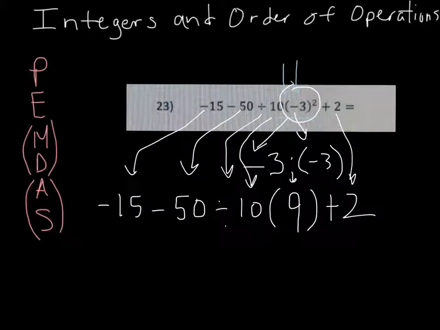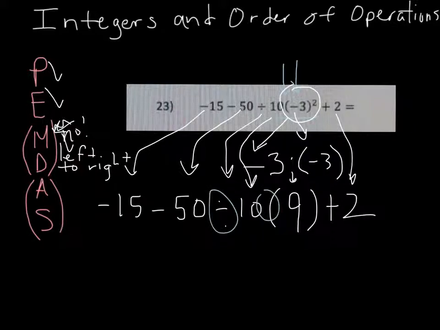So now we're done with parentheses, we're done with exponents, and now we're into the multiplication and division portion. And multiplication and division says left to right, not multiply and then divide. No, it's left to right, always. So, what do I have first? I have division and then my multiplication.